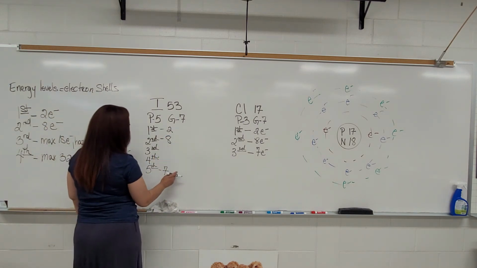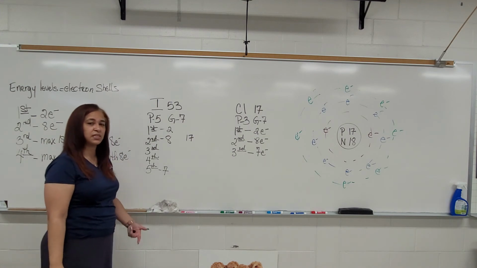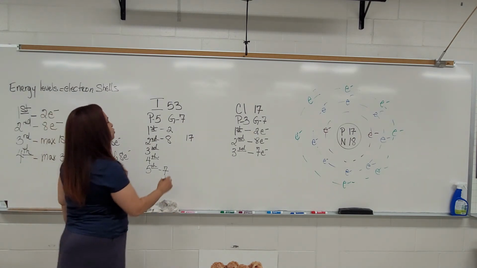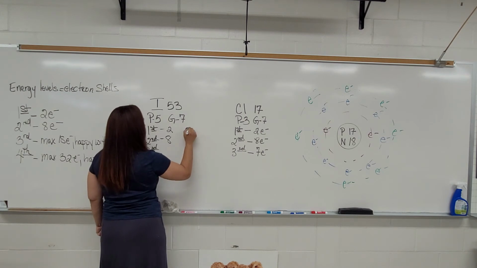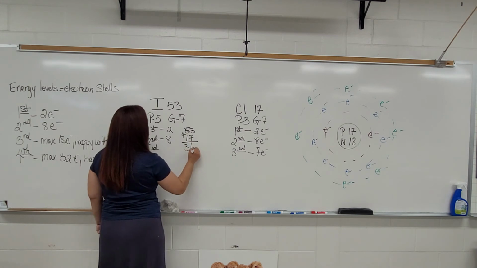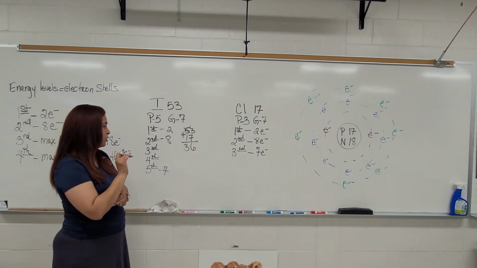So let's go ahead and take a look. 2 plus 8 is 10 plus 7 is 17. Well, we have placed 17 of our 53 electrons. So let's go ahead and do the math. We have 36 electrons left to place. Okay?